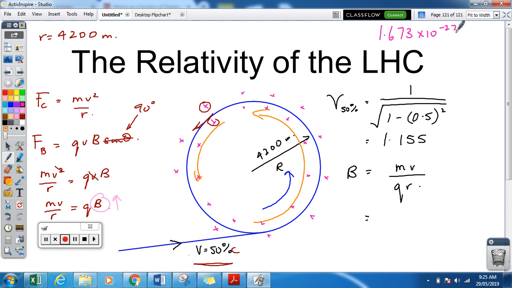But on entry, it's at 50% of the speed of light. It's traveling at that speed, and therefore it has more relativistic mass.